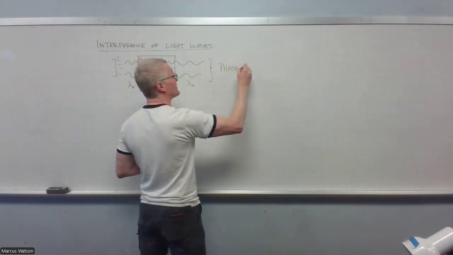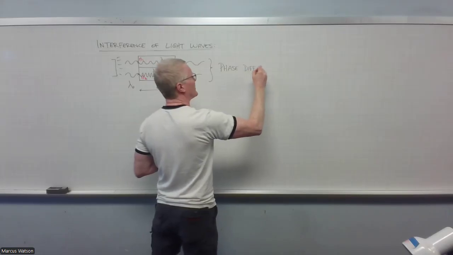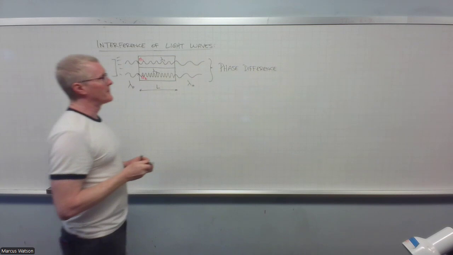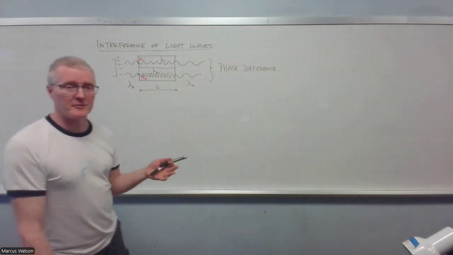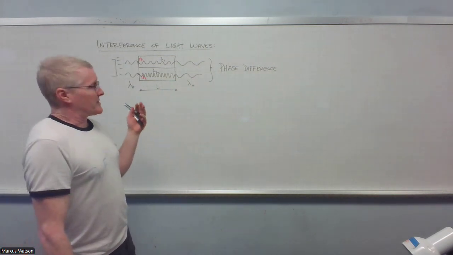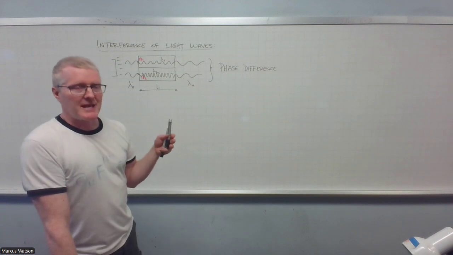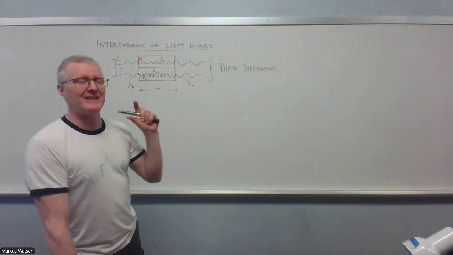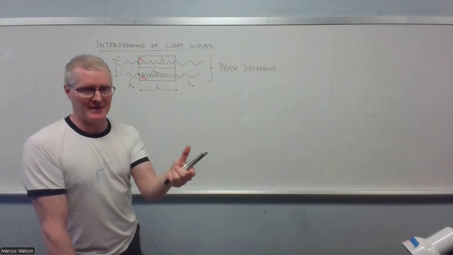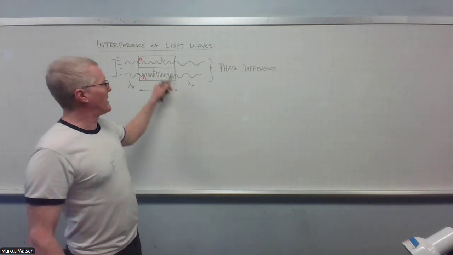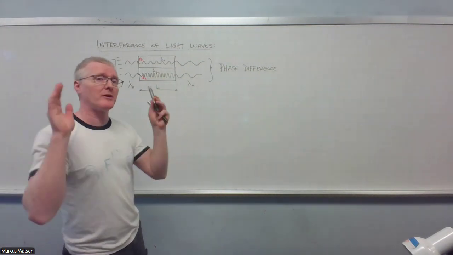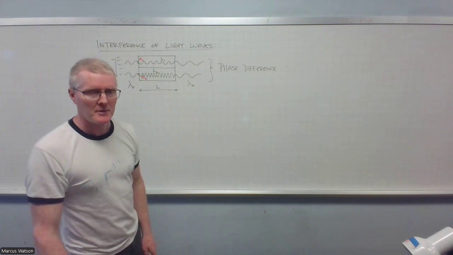So what we're really interested in here is the difference in the phase out here. Typically, I want to talk about the phase difference. How do we represent this? Well, we can represent it in a couple of different ways. We can represent it usually by saying how far out of phase one is from another with respect to the number of wavelengths. Maybe they're out of phase by 2 wavelengths, right?